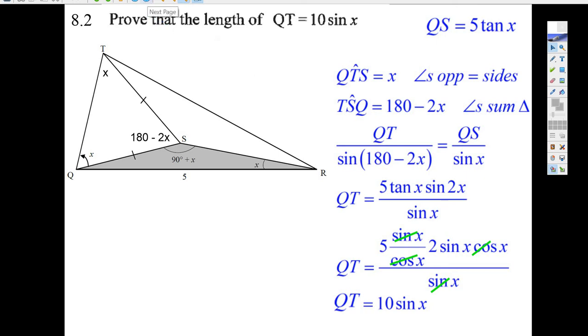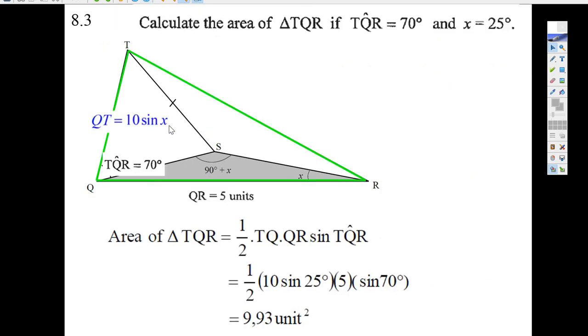Let's just do the last question because I think we might as well finish off question 8. Now we know that QT is 10 sine x. They tell us that QTR is 70 degrees. We know this is 5 units, and we're asked to calculate the area. Well, just use the area rule because we've got this green thing here, TRQ.